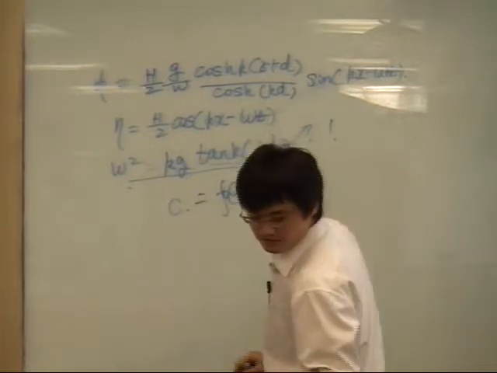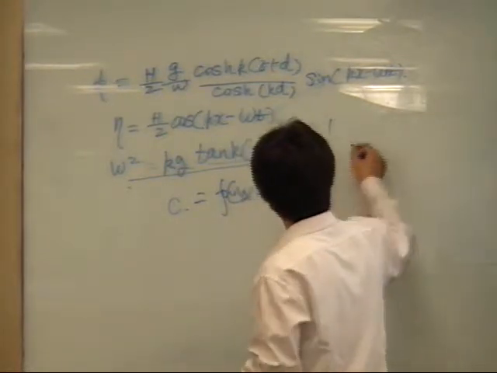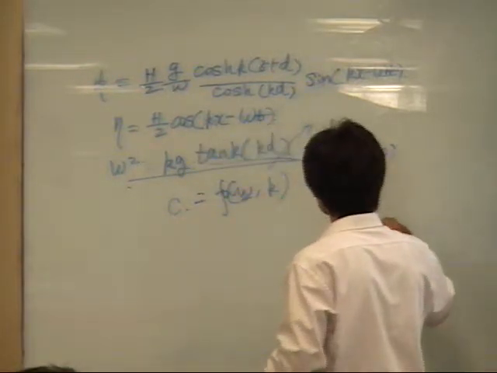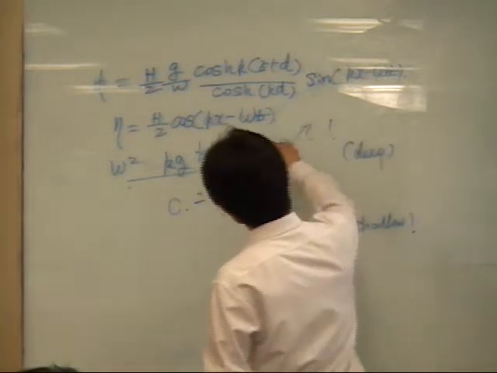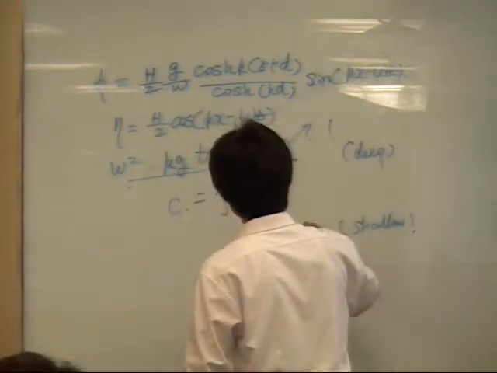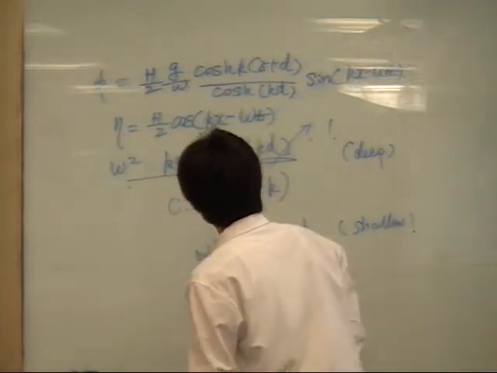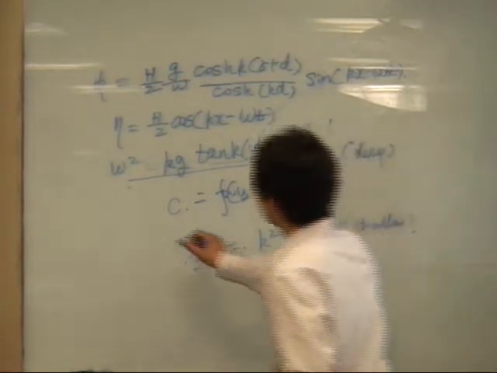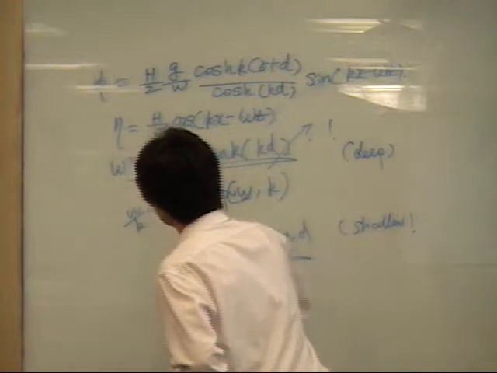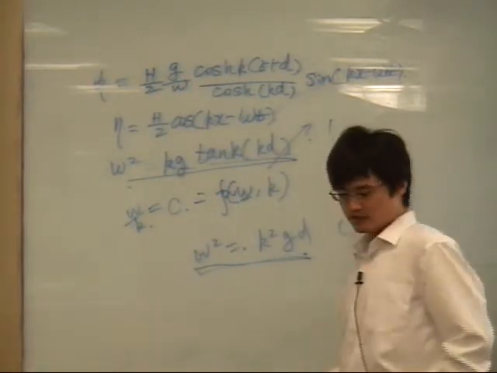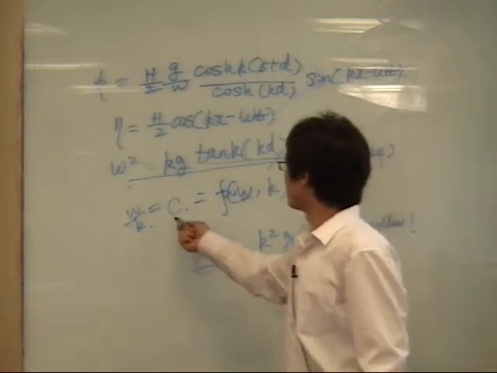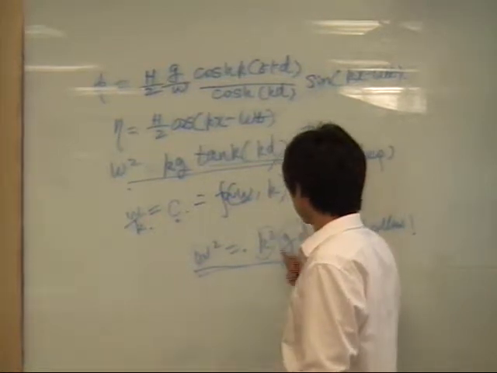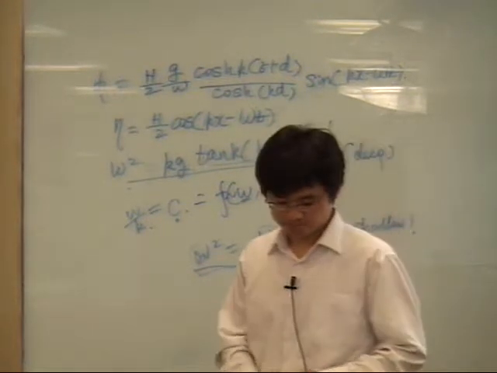For shallow water, this one goes to kd, so c squared is gd. Is this dispersive waves? No, this is not, because the propagating speed is not a function of these two.